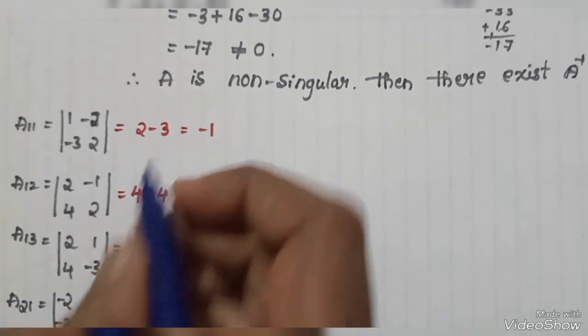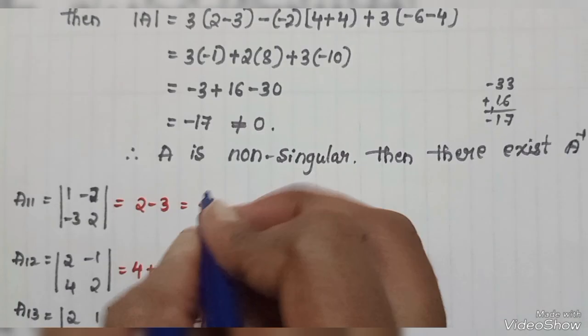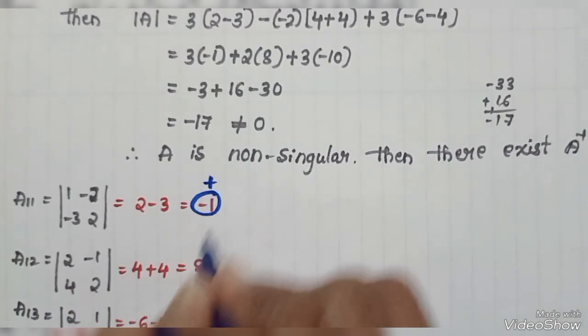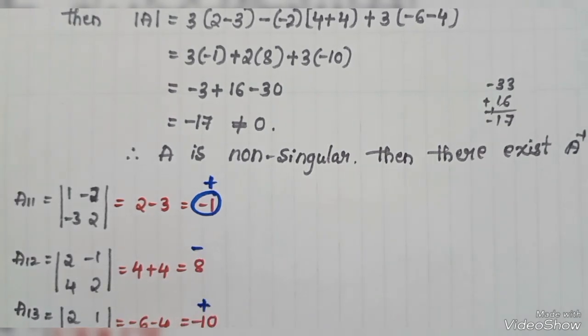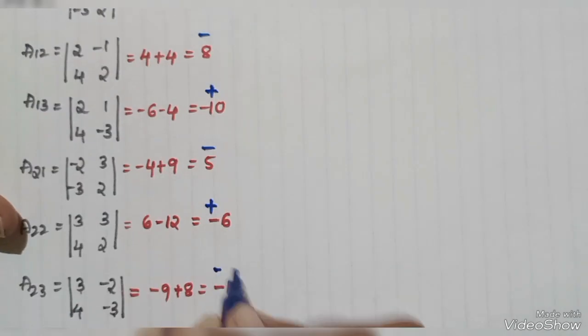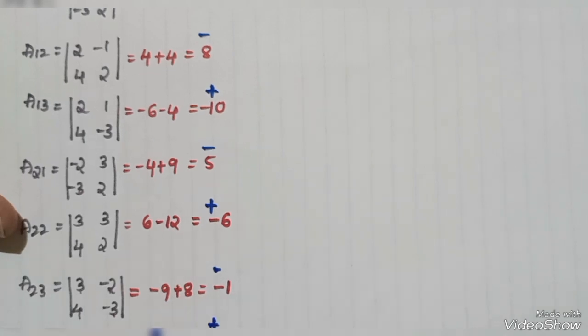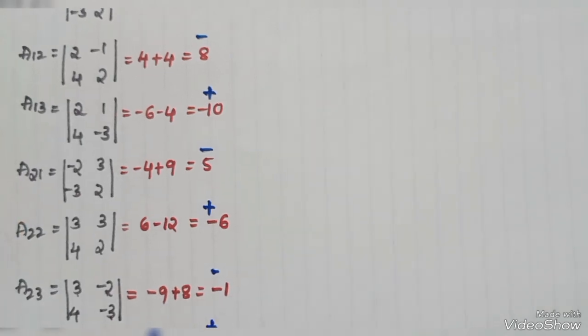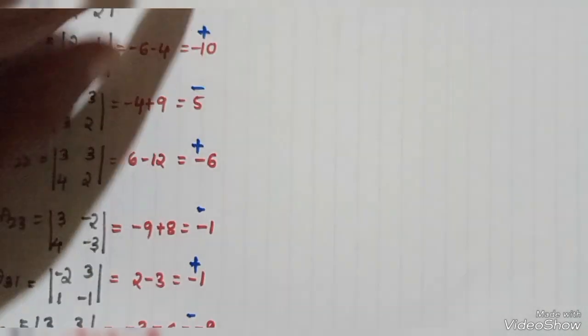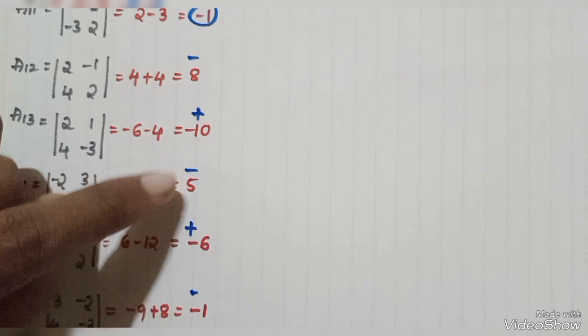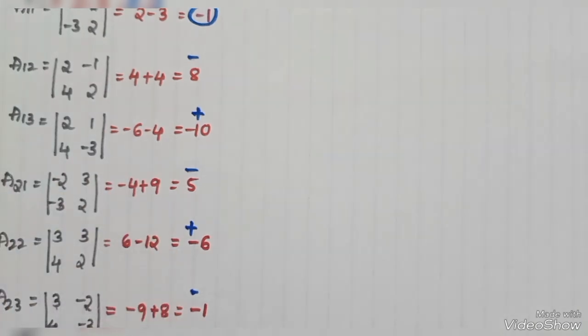That's why I am writing directly the adjoint by multiplying with the signs: first one is plus, here minus, plus, minus, plus, minus, plus, minus, plus. Okay, now we have to multiply the symbols.